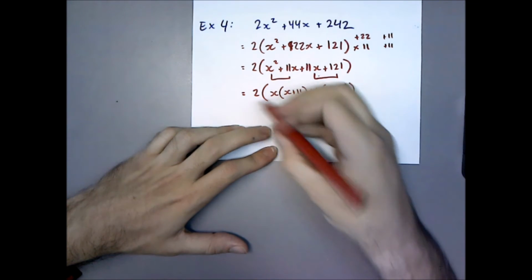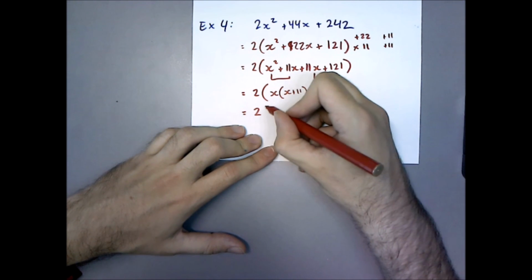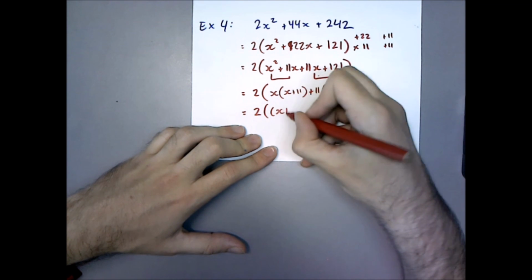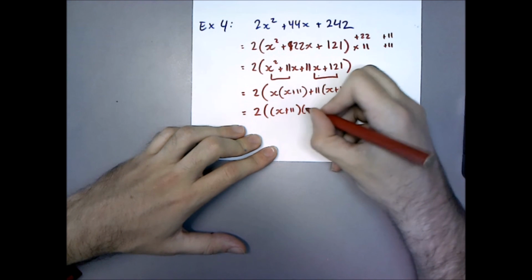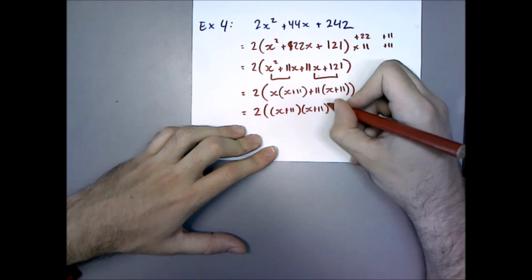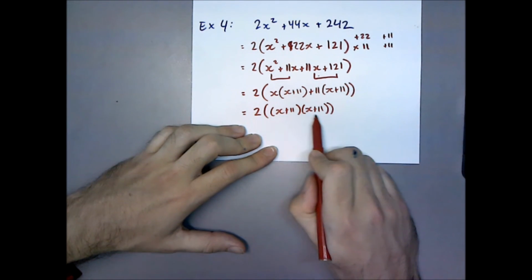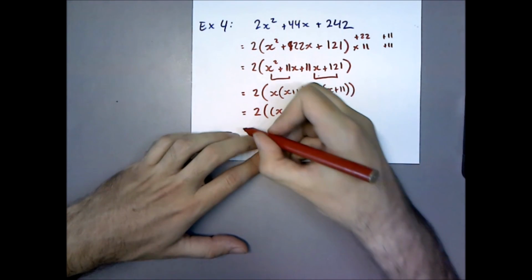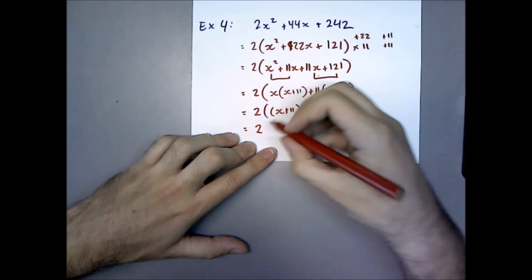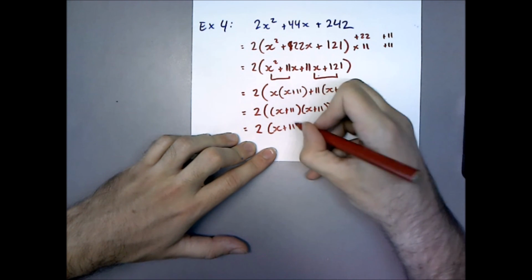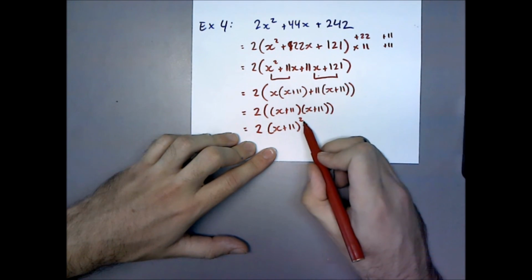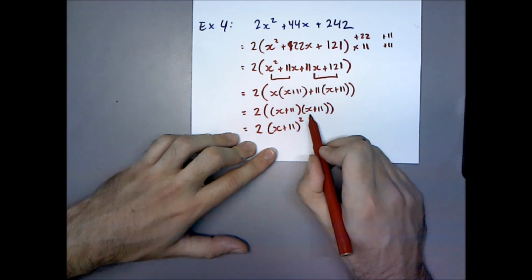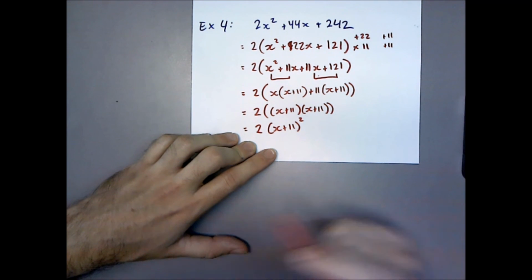Then I'll factorize the bracket out of both because they're the same. It's going to be 2, x plus 11, x plus 11. And because it's the same bracket twice, I can rewrite that as 2 times x plus 11 squared, because x plus 11 squared is just x plus 11 in brackets multiplied by x plus 11 in brackets. And then that's done.